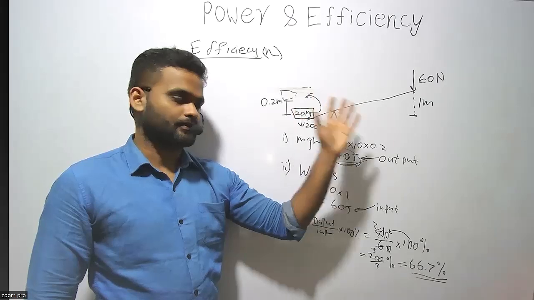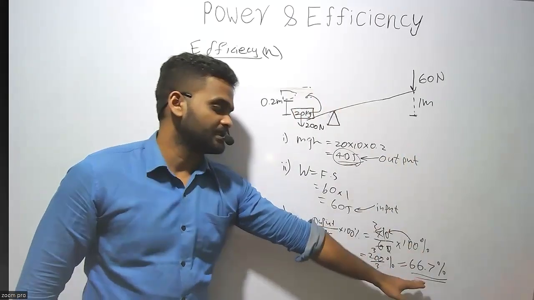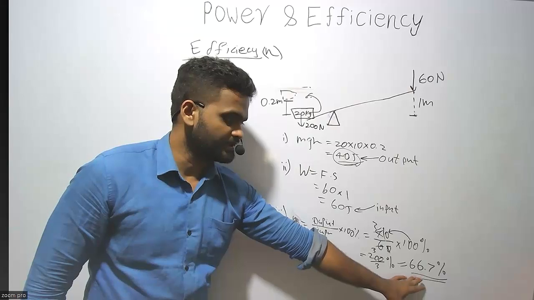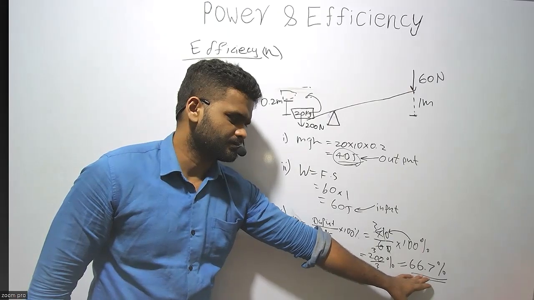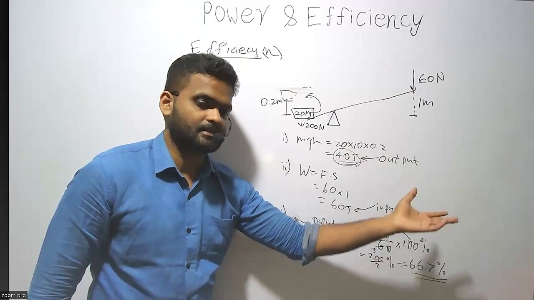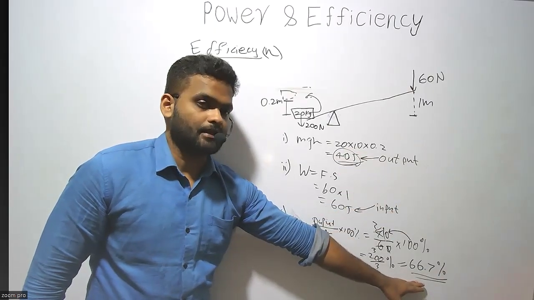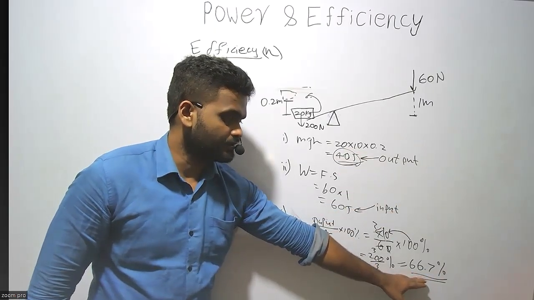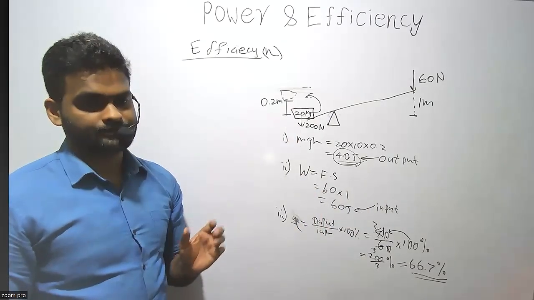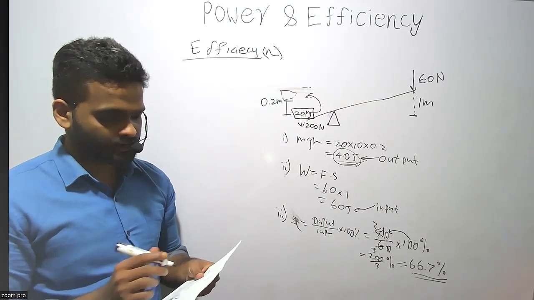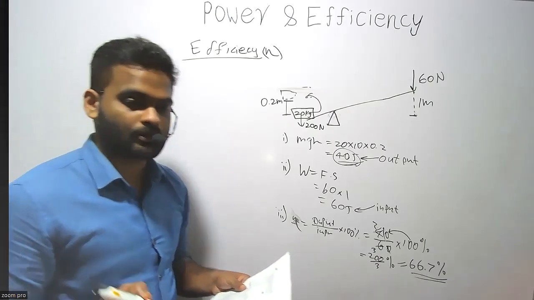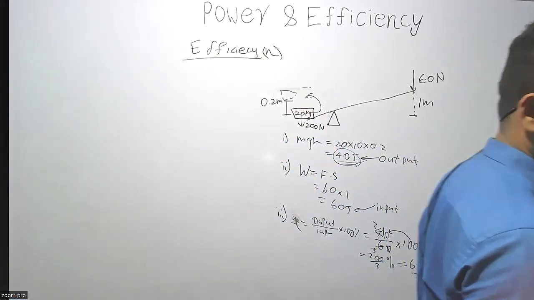So that wasted energy is there because this lever only has a 66.7% efficiency. Take it down, and if you have any problems, please send me in the chat box.